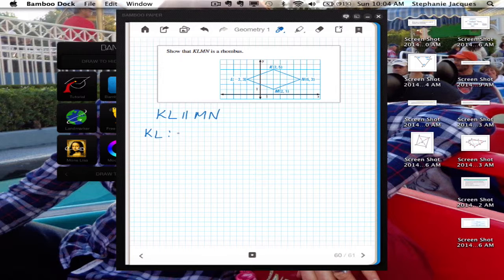So the length of KL is the square root of 5 minus 3 squared plus 2 minus negative 2 squared. Underneath there, I have a 2 here, so that would be 4, and that gives me 16. So I'm going to have the square root of 20 for KL.